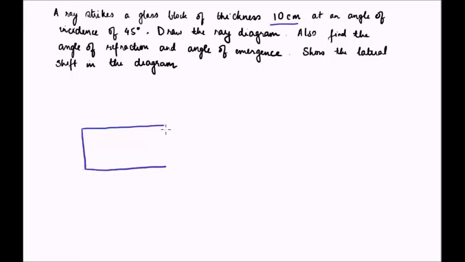This is the glass block. This has to be a perfect rectangle, and the angle of incidence is 45 degrees. So if the light is incident on this surface, it's coming at this angle.